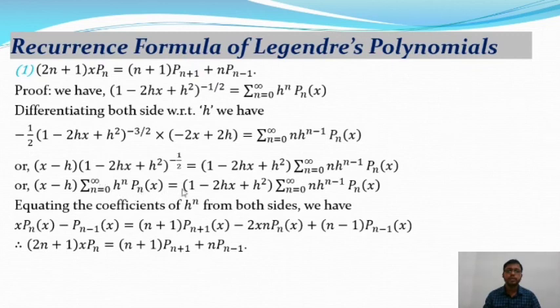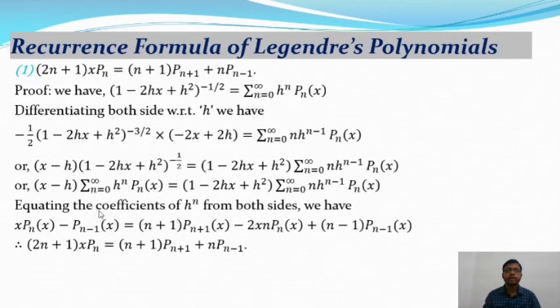And you know this is actually the generating function of the Legendre polynomial, and it is equal to summation over n is equal to 0 to infinity h to the power n into Pn of x. Okay, and this is equal to (1 minus 2hx plus h square) into summation over n is equal to 0 to infinity n h to the power n minus 1 into Pn of x.